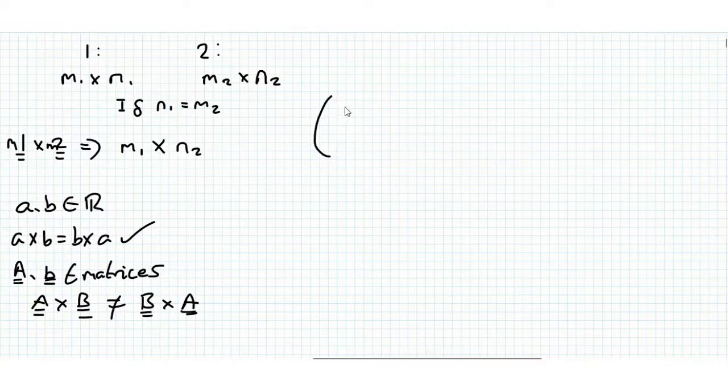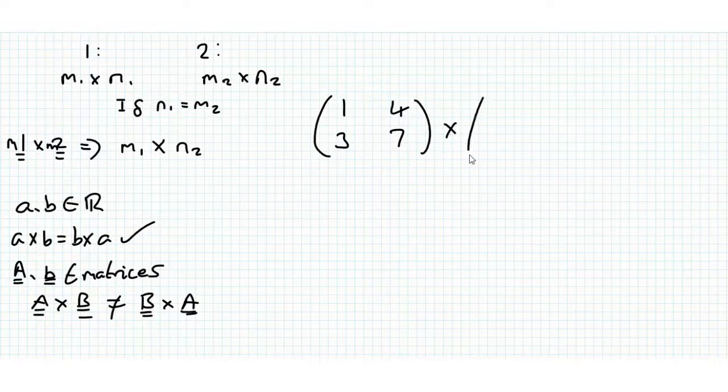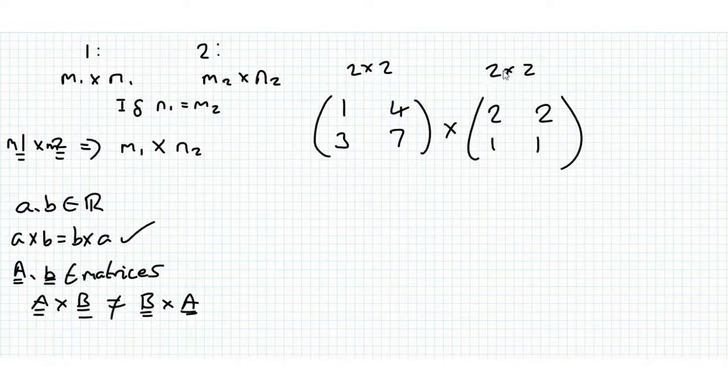We'll go with 1, 4, 3, 7, and we'll multiply that by 2, 2, 1, 1. There you go. And you can always multiply square matrices of the same size, because they're 2 by 2, 2 by 2, so they're going to be equal.